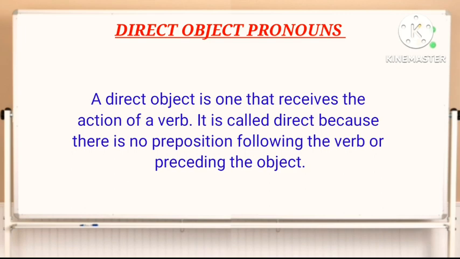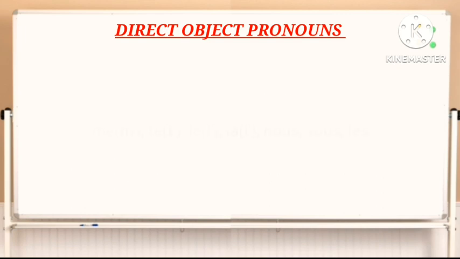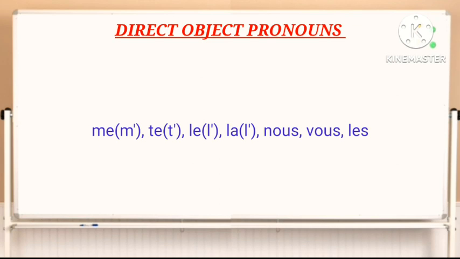The direct object pronouns are me or m', te or t', le or l', la or l', nous, vous, les.